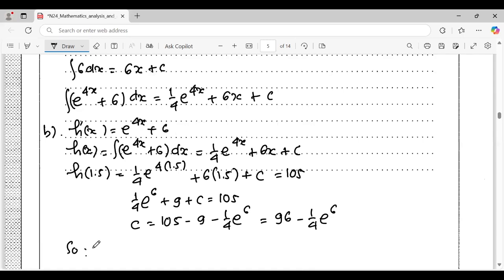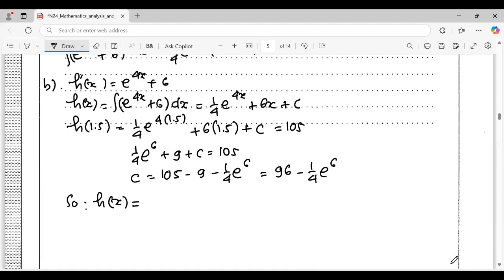So h(x) equals 1/4 e power 4x plus 6x plus 96 minus 1/4 e power 6.